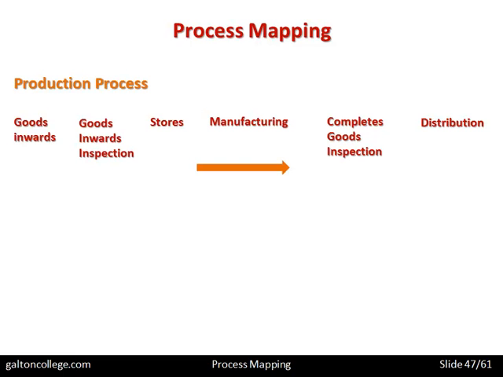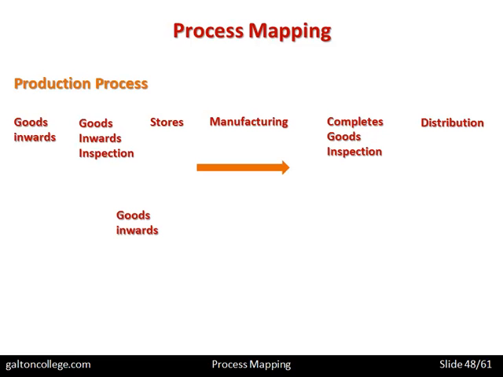That's, of course, if the company can implement a JIT policy and if it's felt to be desirable. But whether that's the case or not, we can just look at what we've got here on the screen, which is goods inwards all the way up to distribution. And these are various steps. Whether all the steps are used or not is almost irrelevant for this example.